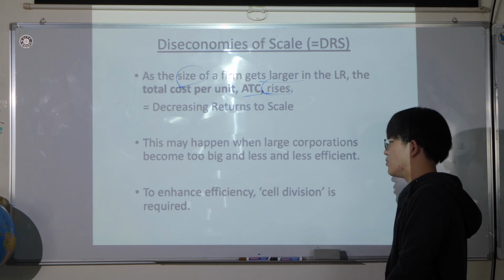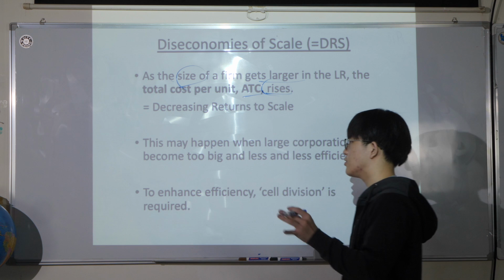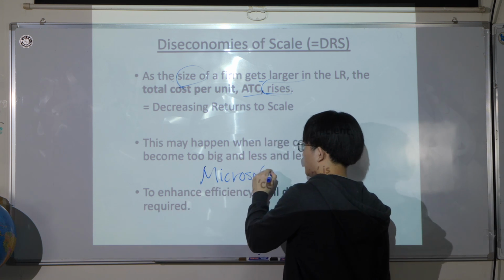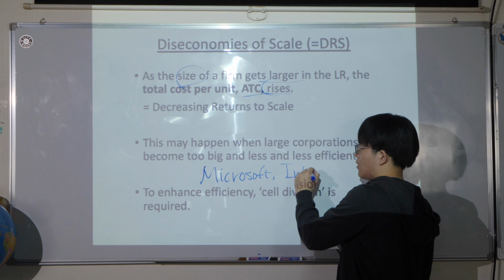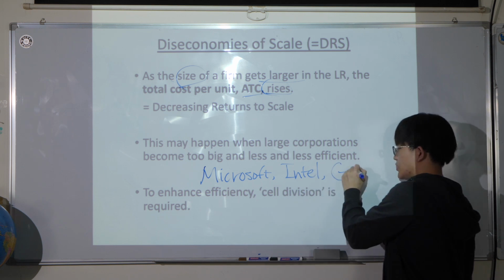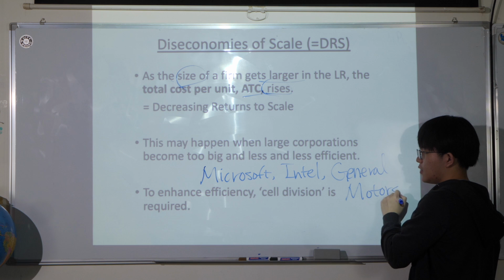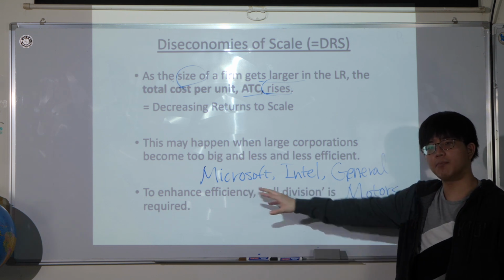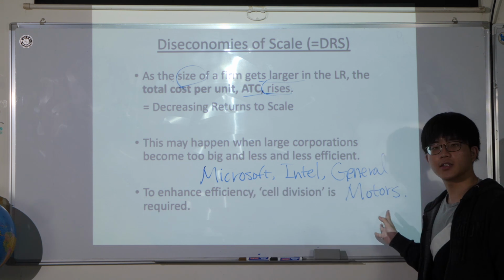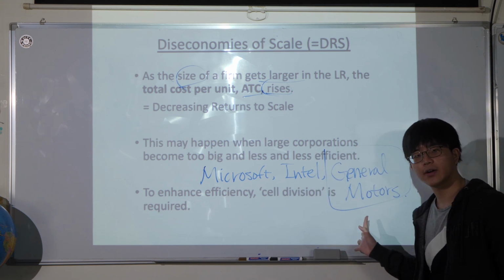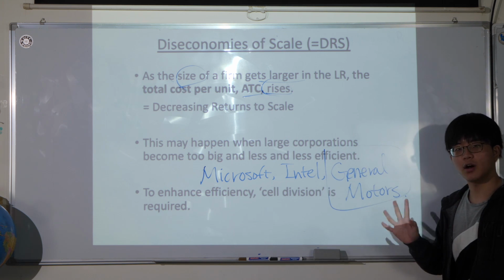As an example, we can think about Microsoft or Intel or General Motors, or GM. They are big players in their own markets. Especially General Motors was one of the biggest players in the car market.